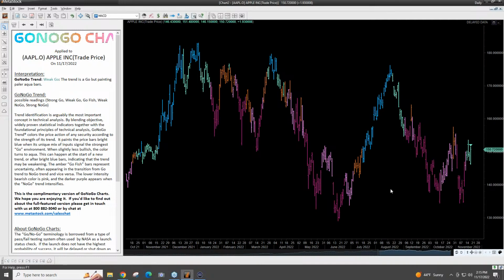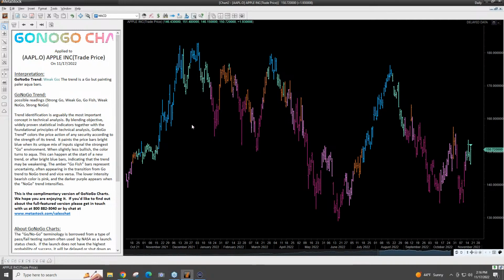What you get with the free version that comes with MetaStock, as long as you have either the end of day or the real time, is the colored bars, which identify the type of trend you're in, and also the commentary window. It goes through and explains if the trend is weak, if it's consolidating or sideways, or if it's in an indecisive area or a counter trend.